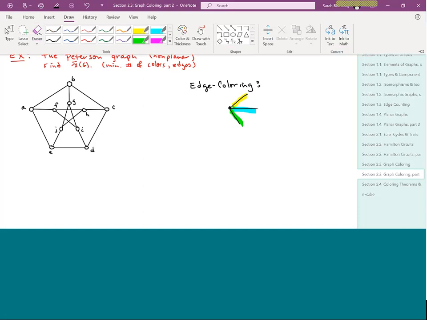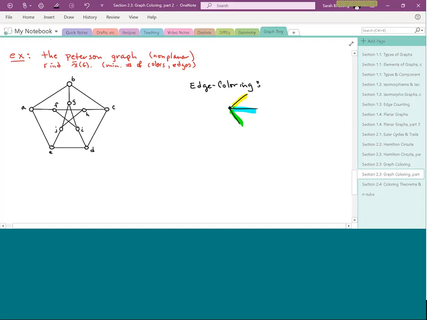Now, notice what property this actually means. In terms of your edge chromatic number, in other words, the fewest number of colors that you could possibly use to color your edges, worst case scenario, color each edge differently. Please don't really do that. That is not going to give you the fewest number of colors. But what's your lower bound?